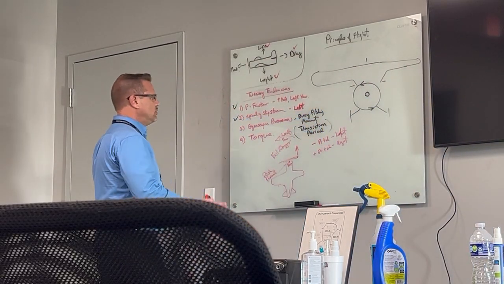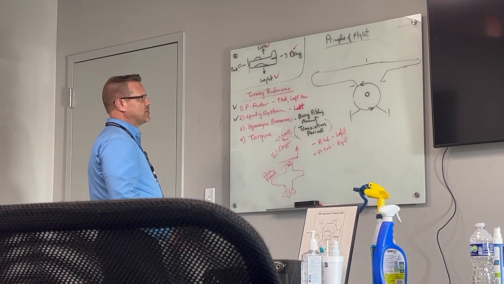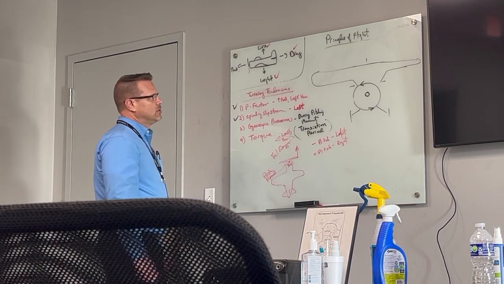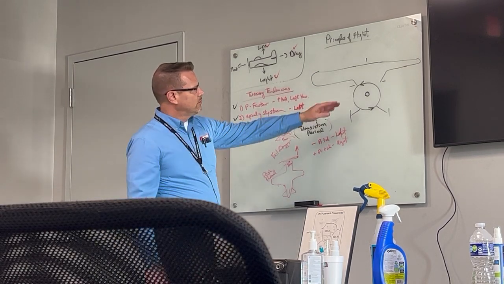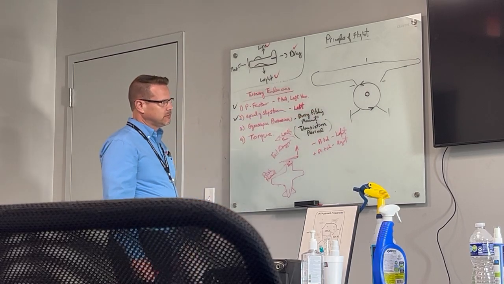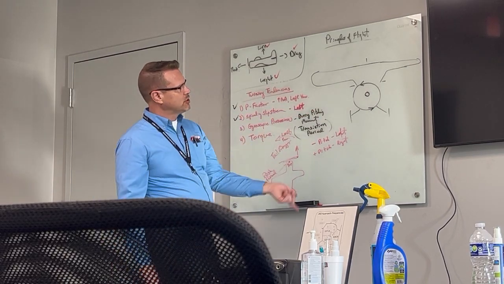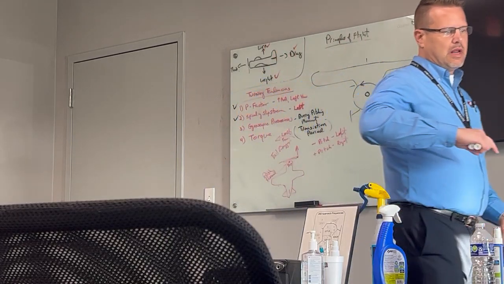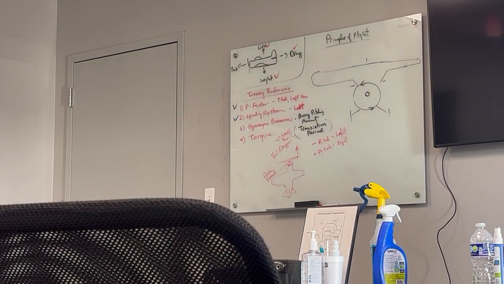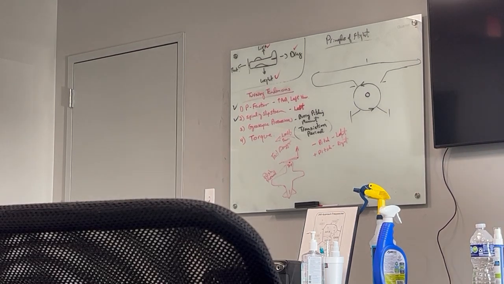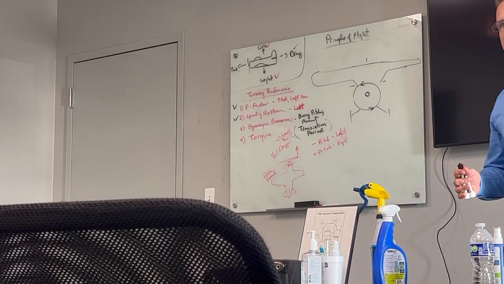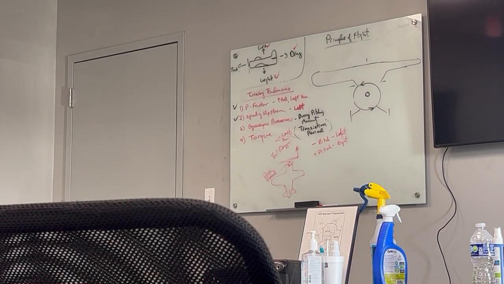Okay, so we got gyroscopic precession out of the way. So torque, which was up here: the propeller's spinning in one direction. It's Newton's third law again, equal and opposite reaction. If the blade's spinning this way, the plane actually wants to torque the other way.